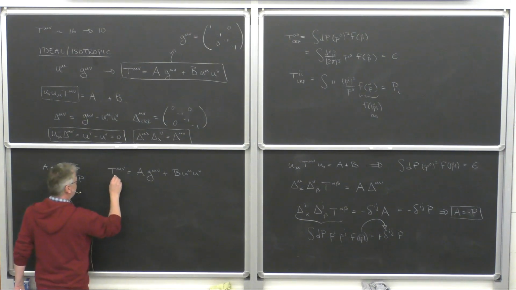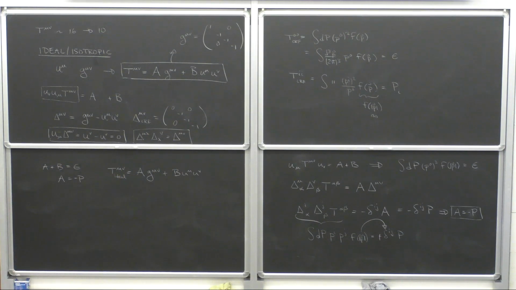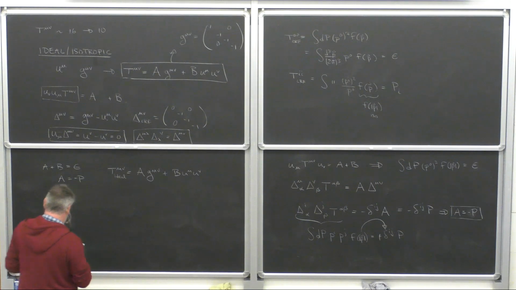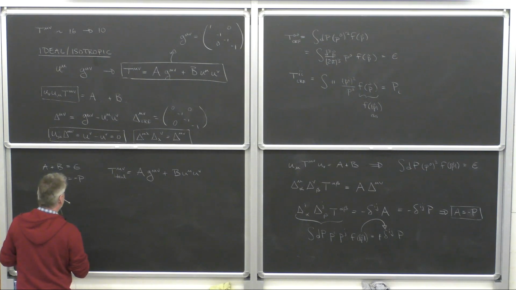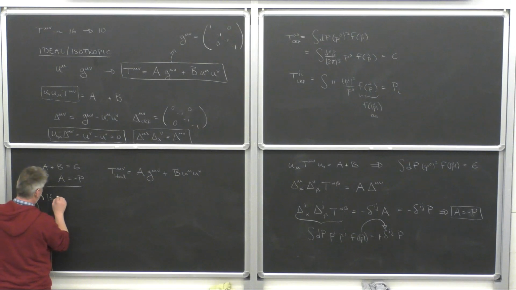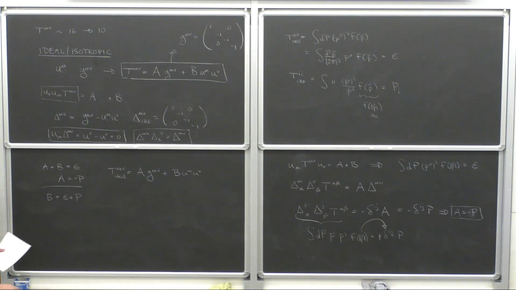And I'll start putting an ideal on this to emphasize that we've made a bunch of assumptions here along the way. So of course, from this, anybody can show that B is just the energy density plus the pressure.